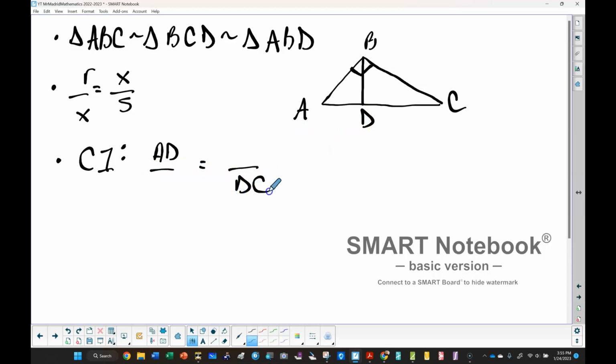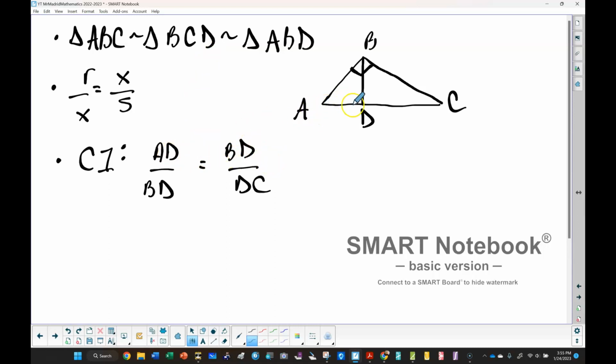Who's going to be the geometric mean? It's going to be the altitude, right here, which is BD. Very powerful. They're going to ask you to solve different triangles, and there might be information given where you can't go the standard way, so they're giving us another tool here.